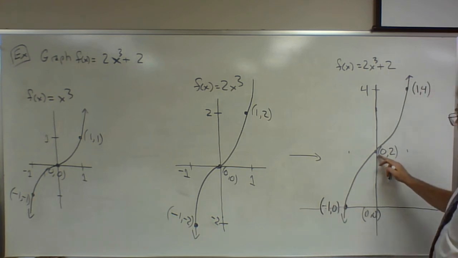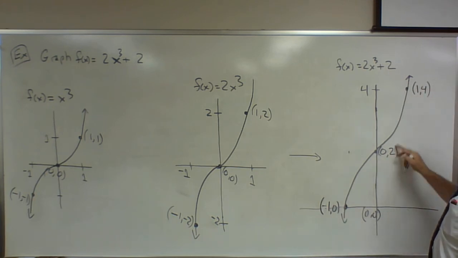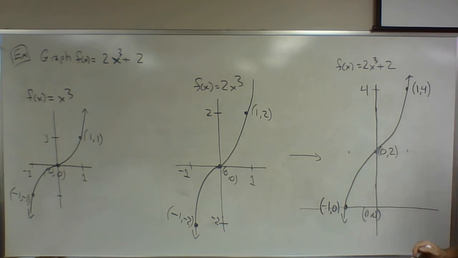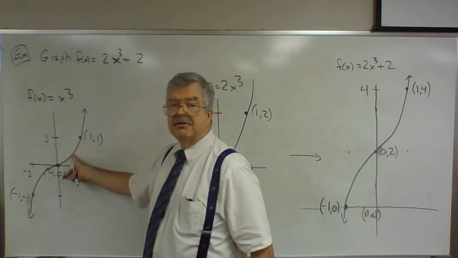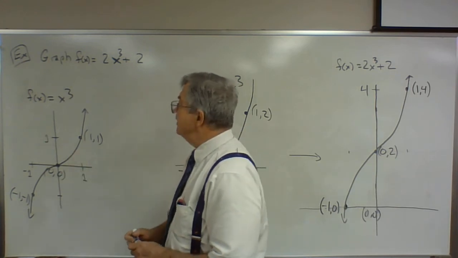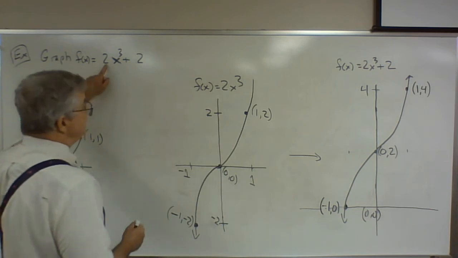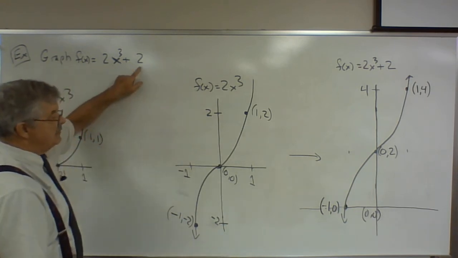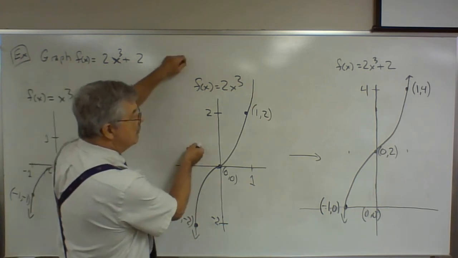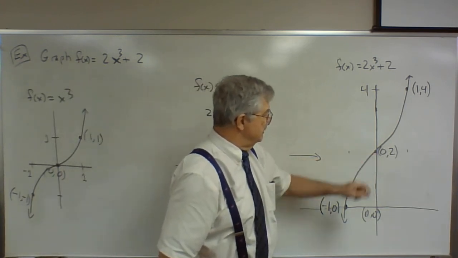It intersects the y-axis at y equals 2. And notice the shape of this graph is the same as the shape of the original graph. All we did was we stretched it vertically by 2 units, and then we added 2 to jack this whole graph up 2 units.